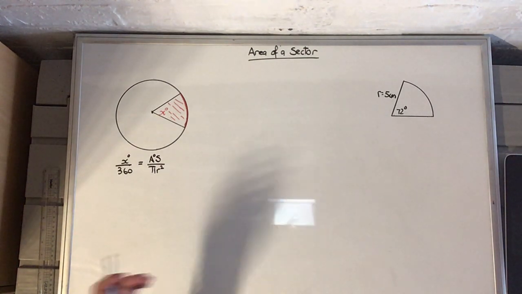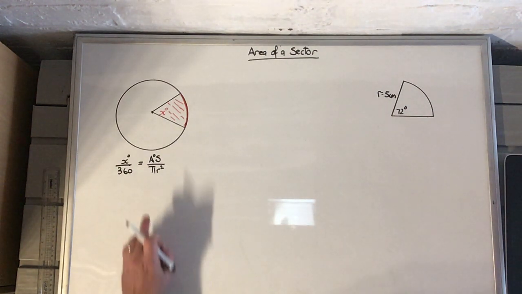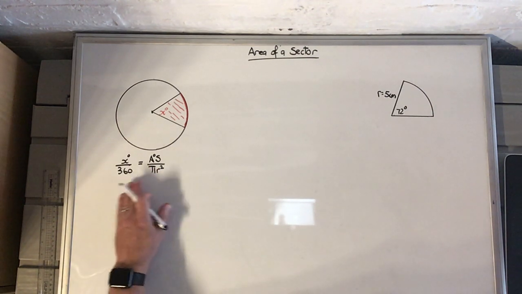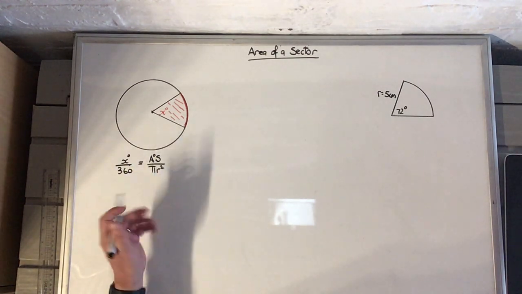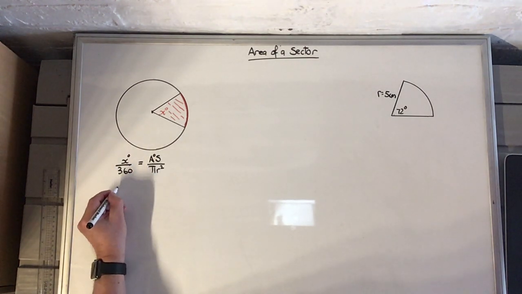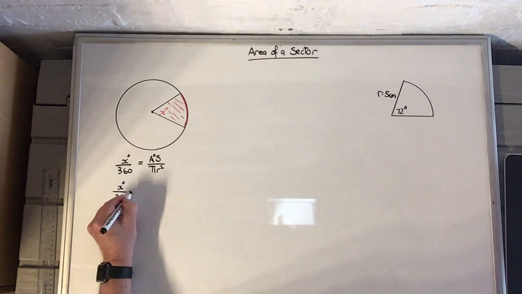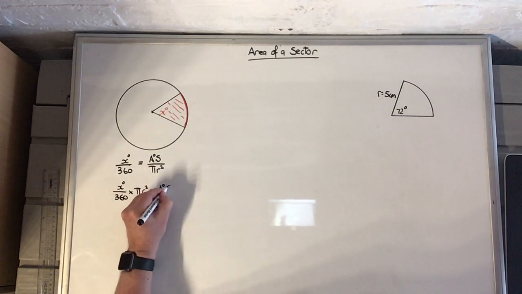And if we rearrange that using the changing the subject topic that you've done before, into AOS equals, well, we multiply both sides by pi r squared, and then we swap it around as well. So multiply first: angle at the centre over 360 times pi r squared is equal to AOS.